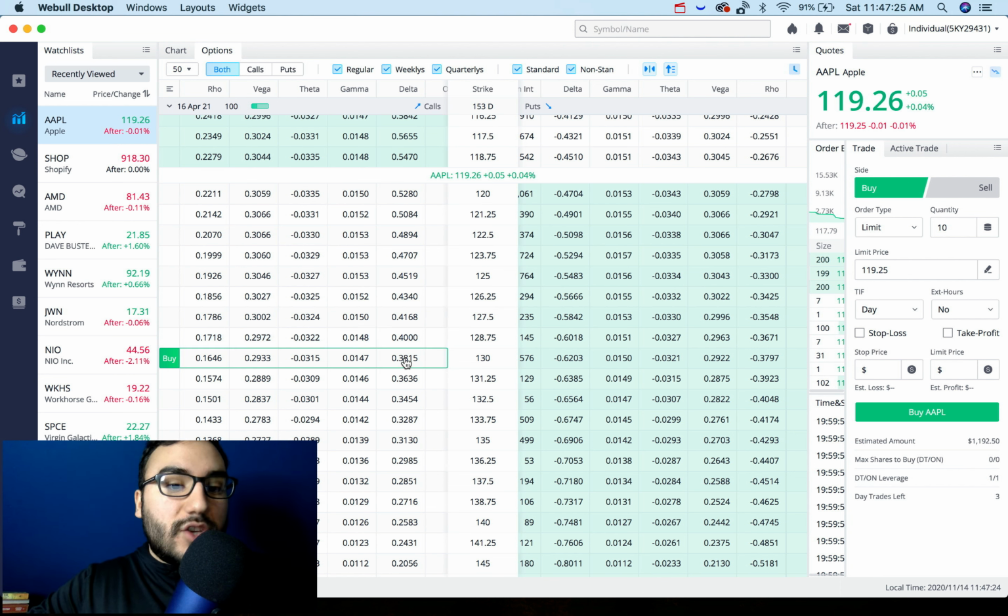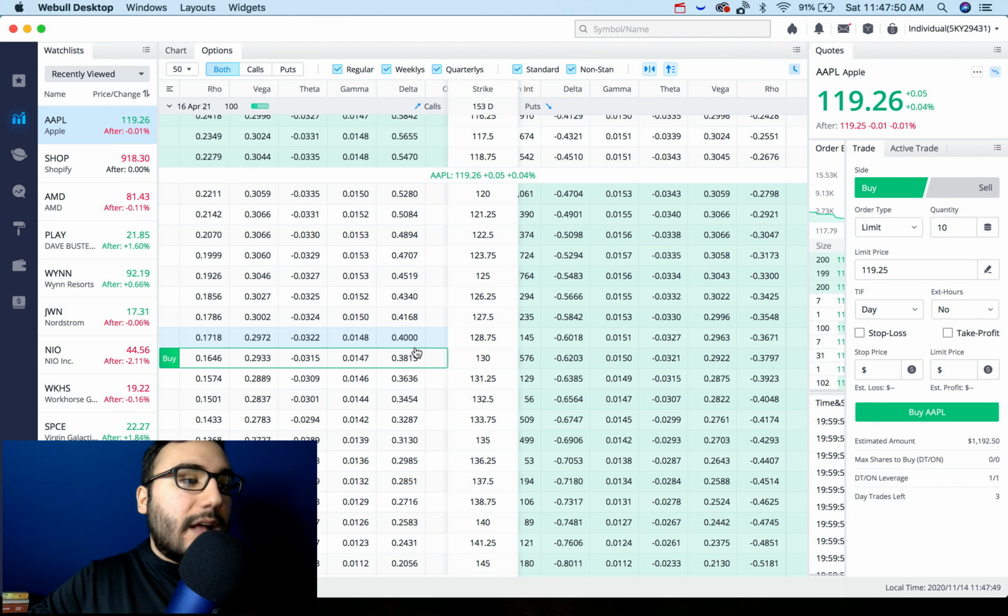That is, in simple terms, what delta is. And if the stock goes down, it obviously works against you. You're going to have to subtract about 0.38 from that premium for every dollar it goes down. It really just shows you, and I can't reiterate it enough, how much the option moves for each $1 move up or down.